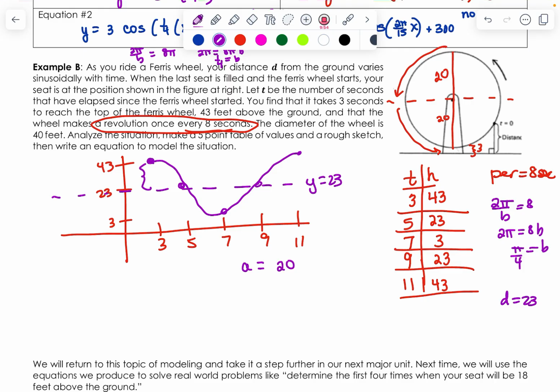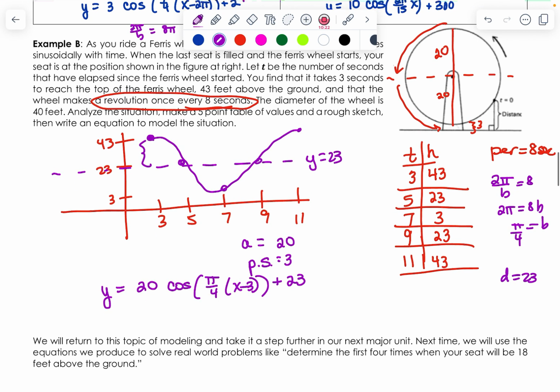And it says just write an equation. It doesn't say which type, sine or cosine. So I'm going to choose cosine, and if I choose cosine, then I have a phase shift to the hill, which would be 3. So I'm going to say y equals 20 cosine pi over 4 x minus 3 plus 23.